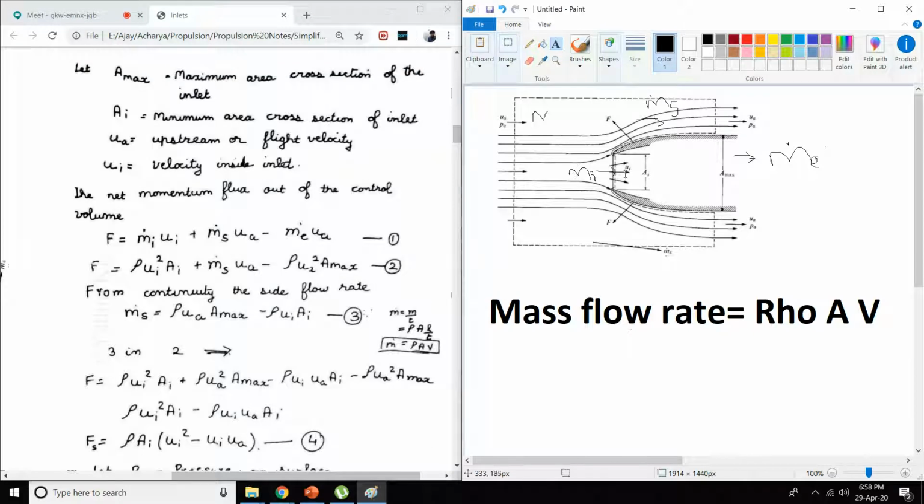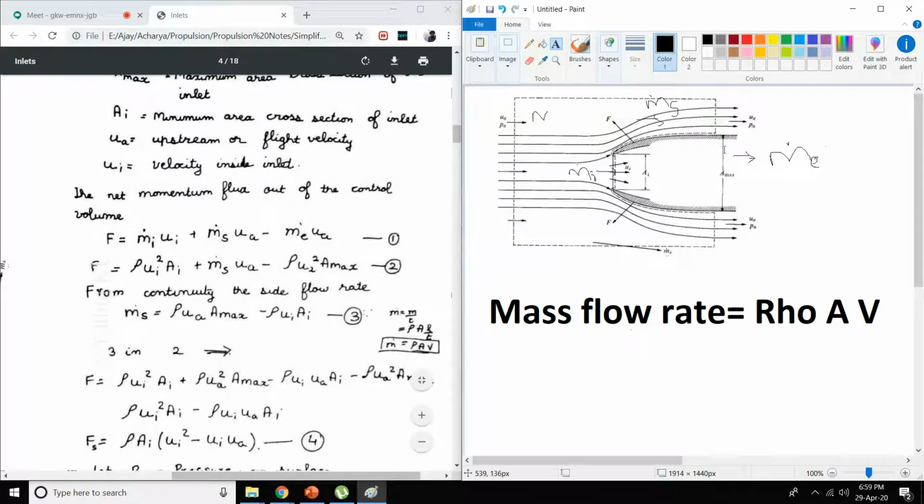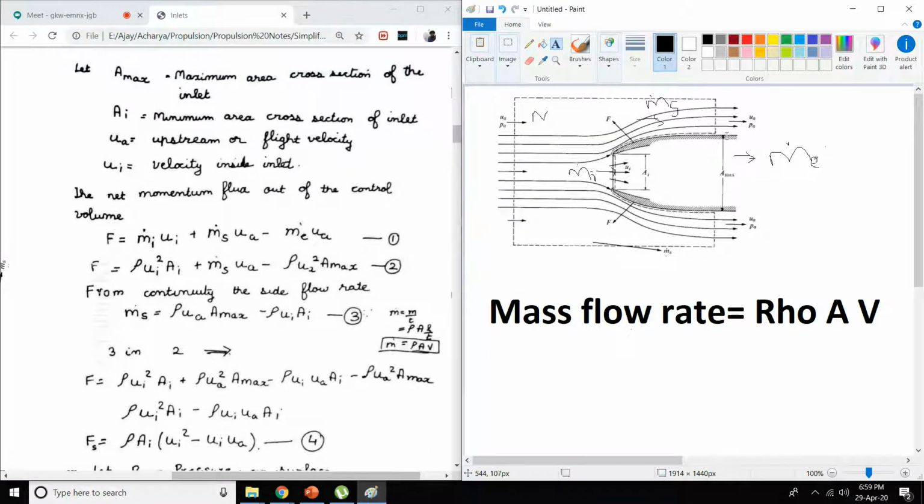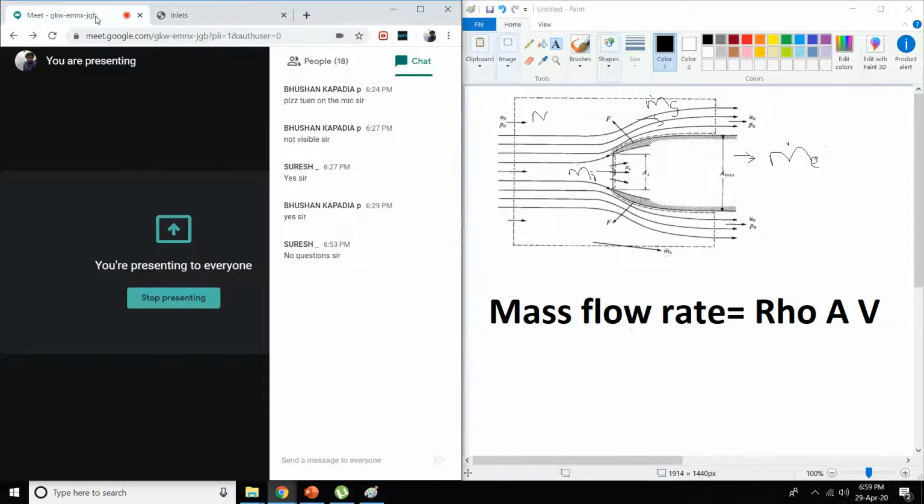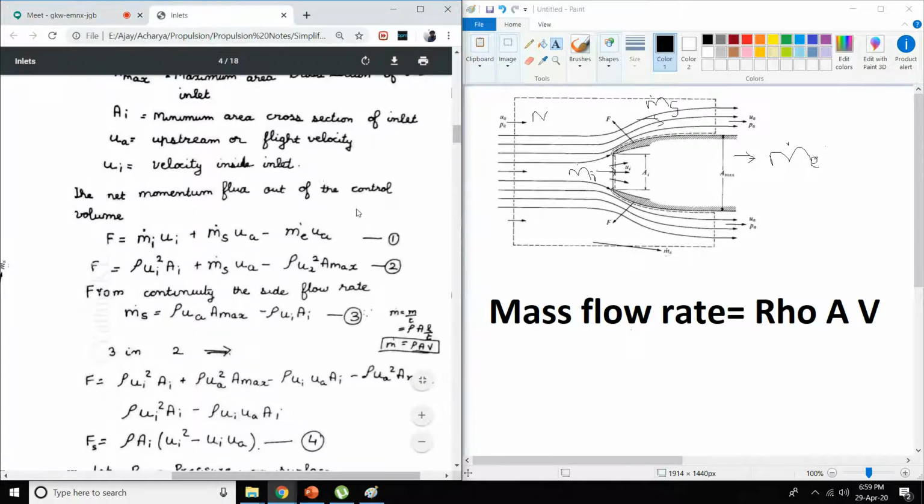So rho UI AI becomes the mass flow rate. Since UI is multiplied again, it will become squared. MS, you keep it like that, where there is another expansion for it. And your ME UE is rho, whatever is going outside is U2, so U2 squared and A maximum, sorry, the area is A maximum, so A max. So these two equations, if you have any doubt, just raise it as soon as you didn't understand. So hope you got these two equations.